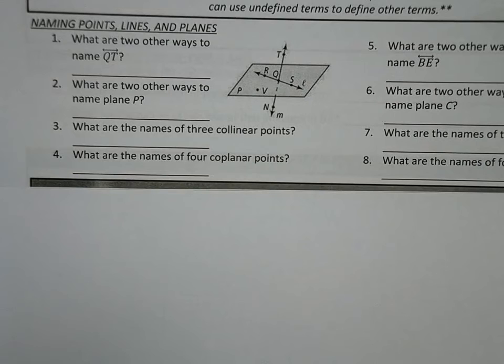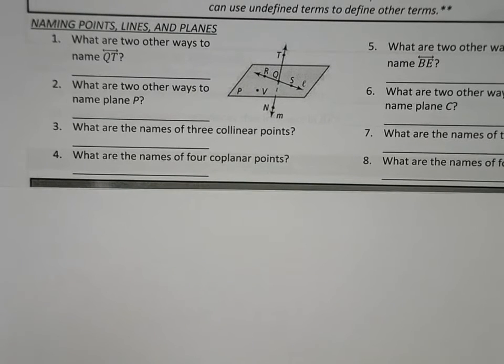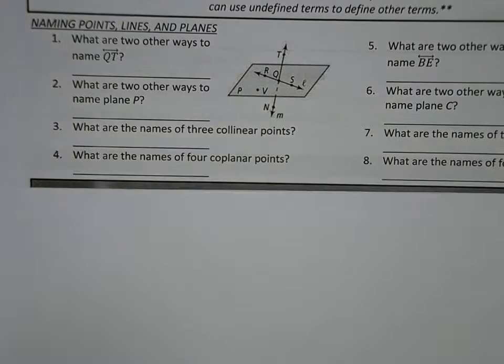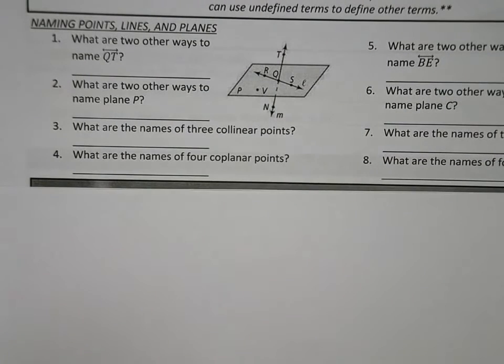So for example, if my pen was the line, if I could cut a hole in it, that means that my line is going right through the plane. So does that line lie on the plane? No, because it's going through it.